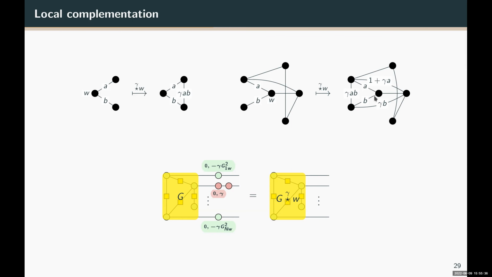Now, in terms of operators, this has a slightly trickier representation in terms of pure Clifford operators. It turns out that doing the local complementation at a vertex W in the graph is equivalent to sending a red pure Clifford phase into the wire corresponding to that vertex.